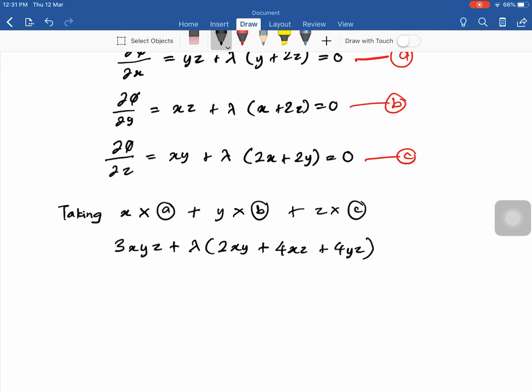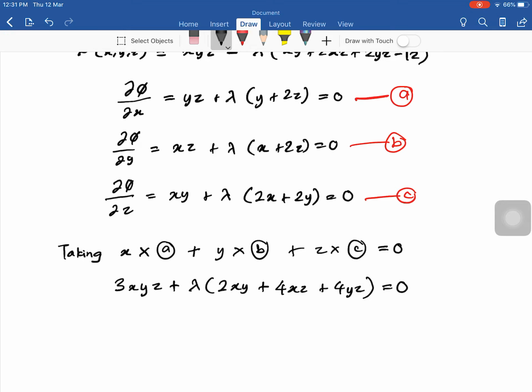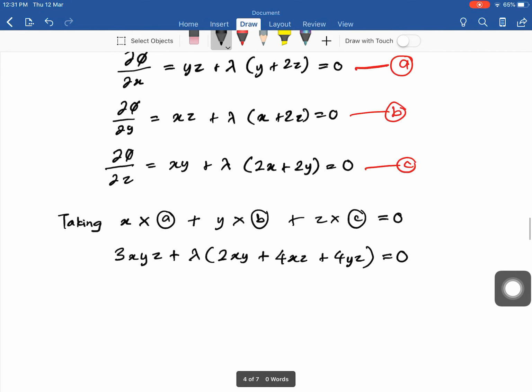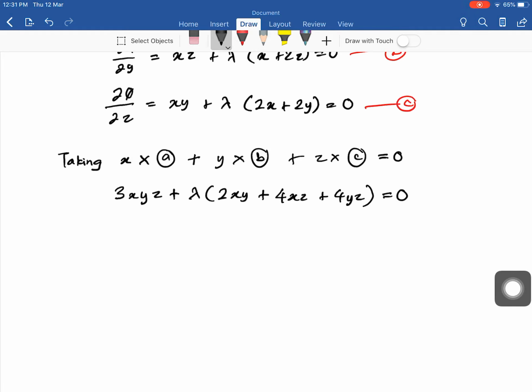So this is the answer, and this is equal to 0. Why? Because everything here is equal to 0. So when we put A, B, C inside here, A is equal to 0, B is 0, C is 0. So everything is equal to 0. Okay? So now we can simplify again.